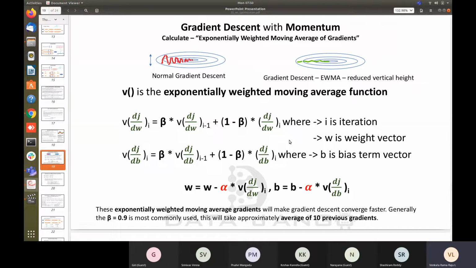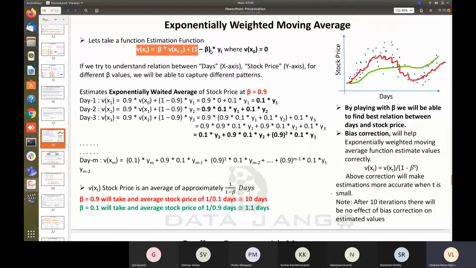SGD is good, but we are trying to make it better by using the exponentially weighted moving average formula. That's where we are trying to understand: calculating the xt value, we are using all the previous y's. Got it? Did you understand the importance of the exponentially weighted moving average?